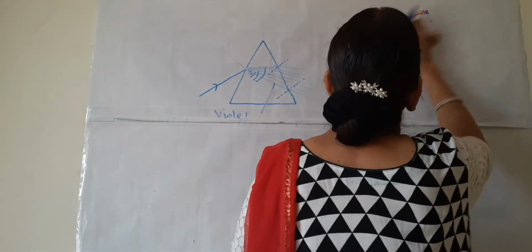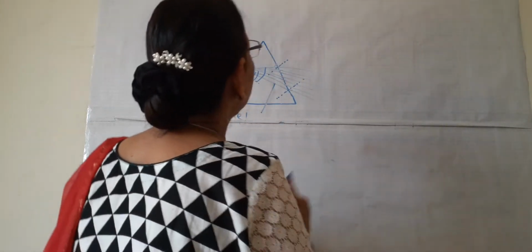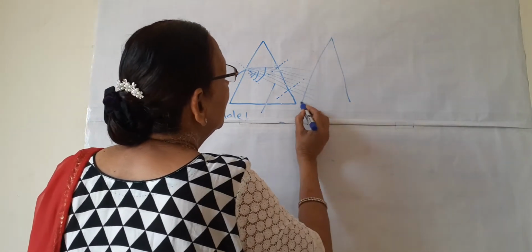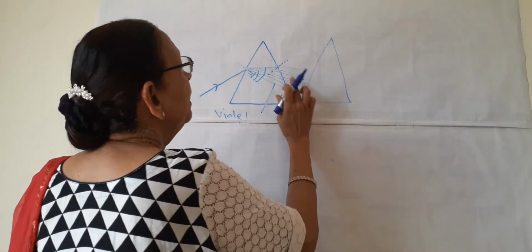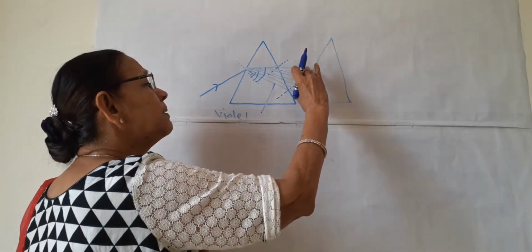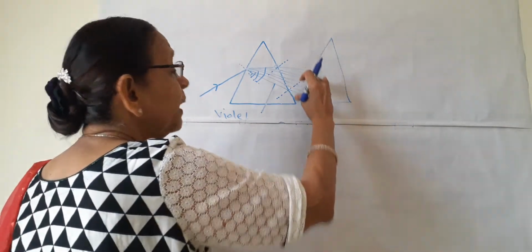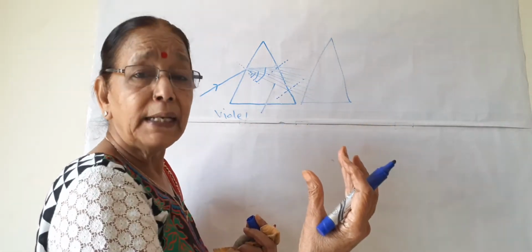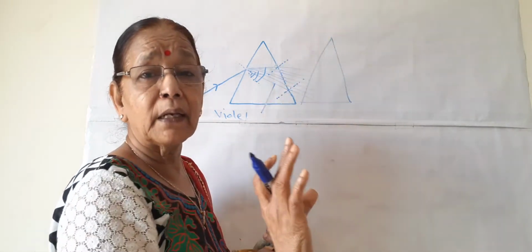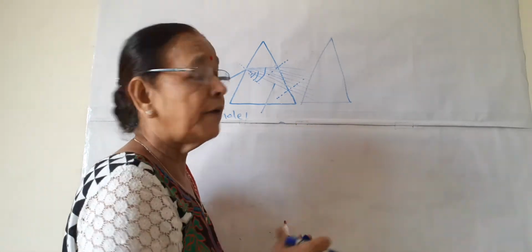And what did he do? He wanted to know whether these 7 colors would disperse further, whether they could break down further. So first he put another prism in front of this prism. But he saw that they did not break down further. They remained 7 colors.